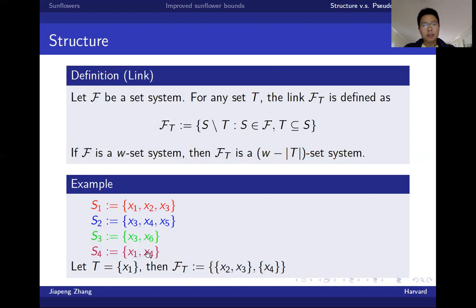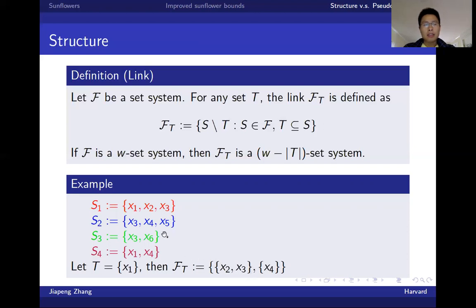We pick these two sets and remove T from them. Because we pick S1 and remove X1, we get the set {X2, X3}. Similarly, S4 contains X1 as a subset, so we pick S4, remove X1, and we get {X4}. So we get the link F_T.